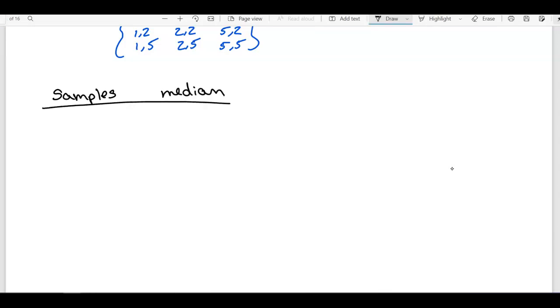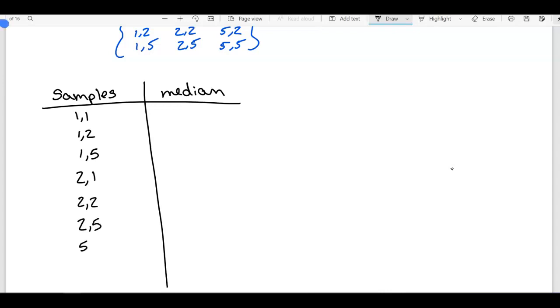Remember, the median is the number that's in the middle. I'm going to create my table. And I want to find the median. So the number in between the middle here. And since I only have two numbers, I've got to find what's in the middle of those two numbers.